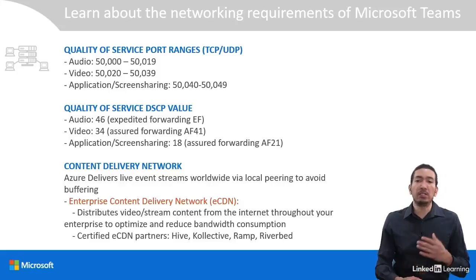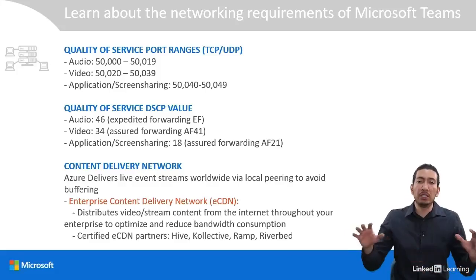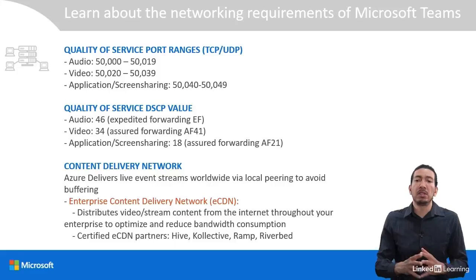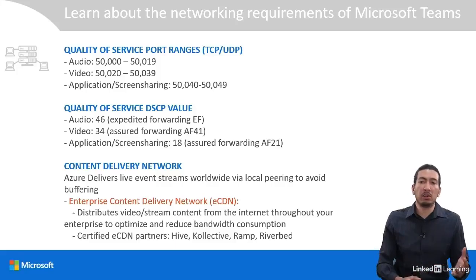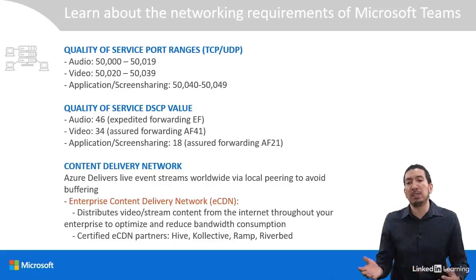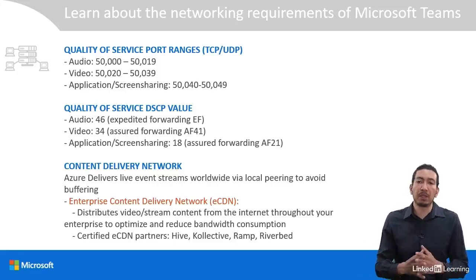It works by distributing Teams meeting content such as images, files, and videos through a globally distributed network of servers that caches content closer to the end user, reducing the latency and improving the speed of content delivery. To implement this, you can use the Azure Content Delivery Network or a certified enterprise content delivery partner such as Hive, Collective, Ramp, or Riverbed.